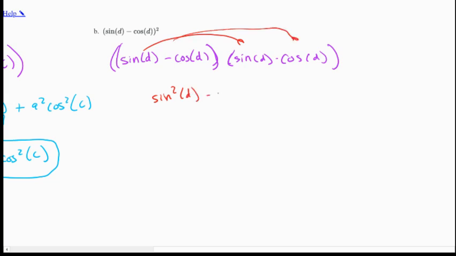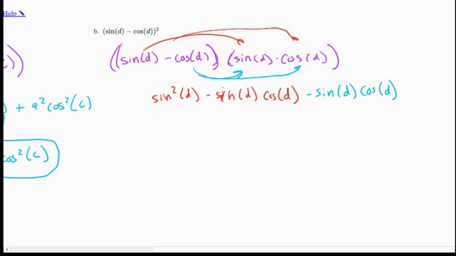Sine times cosine is sine of d cosine of d. Inside is going to be sine of d cosine of d again.